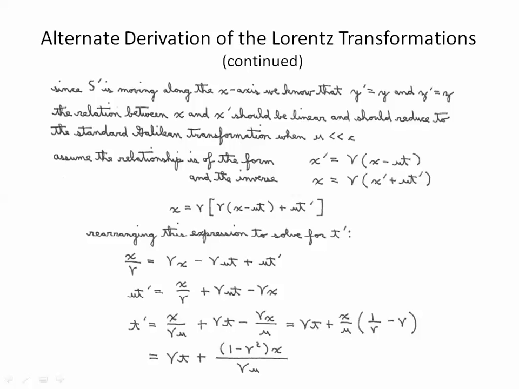We substitute the expression for x prime, gamma times the quantity x minus ut, into the expression for x, gamma times the quantity x plus u times t prime, to get x equals gamma times the expression gamma times the quantity x minus ut plus u times t prime.